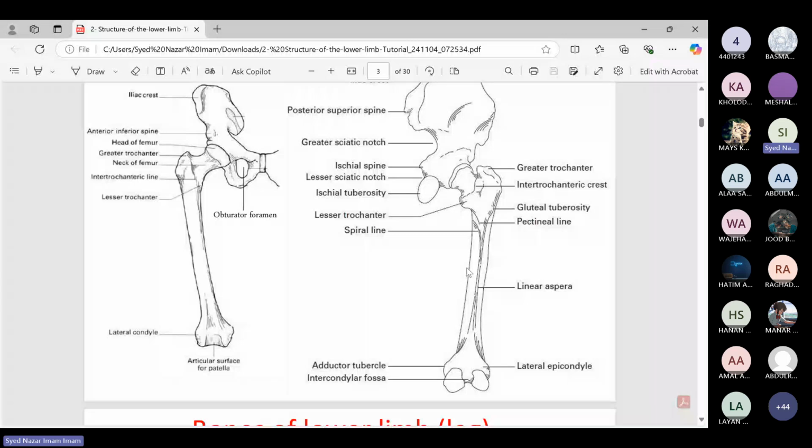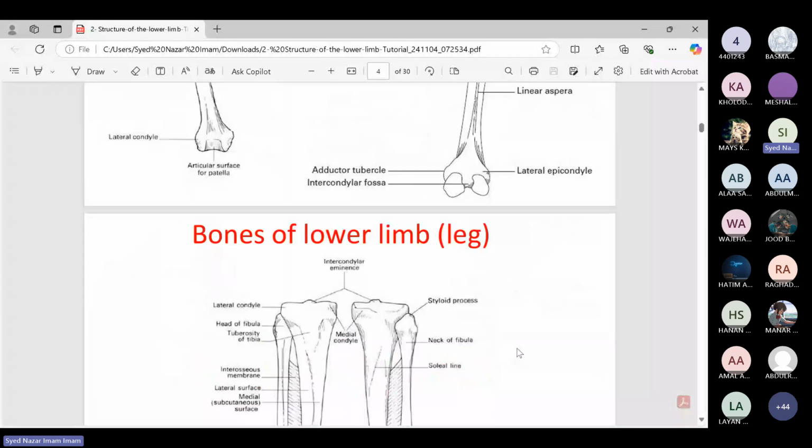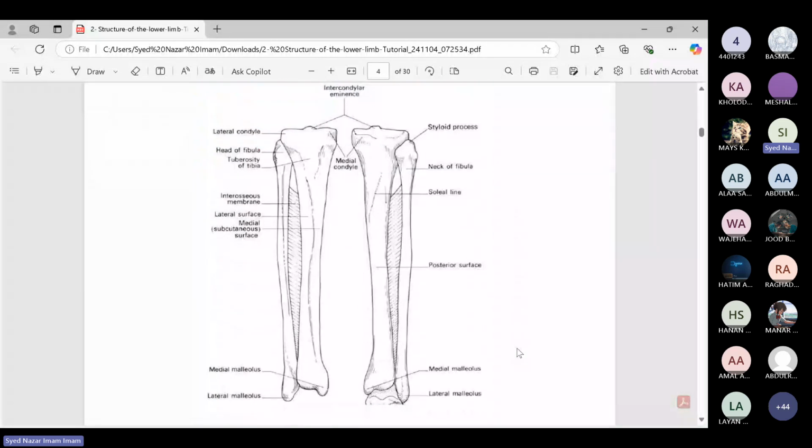Now let's go to the bones of the leg. Before that, sometimes you have to know what is the thigh and what is the leg. The thigh is the area between your hip joint and the knee joint, and the leg is the area between the knee joint and the ankle joint, and the foot is the area distal to the ankle joint.